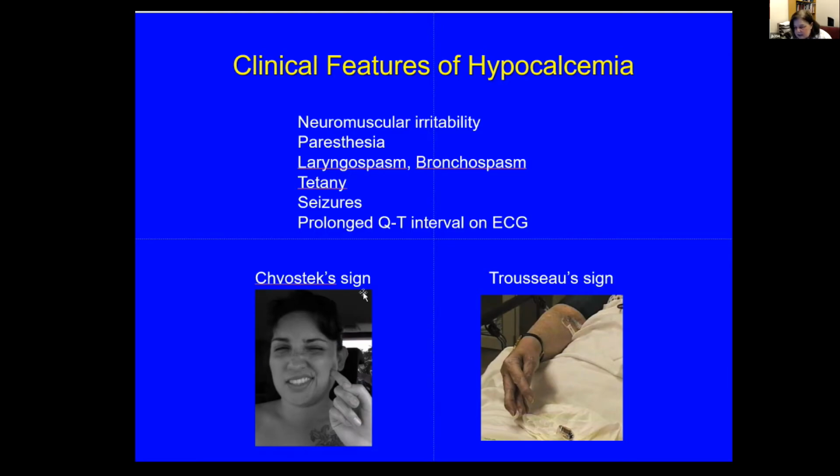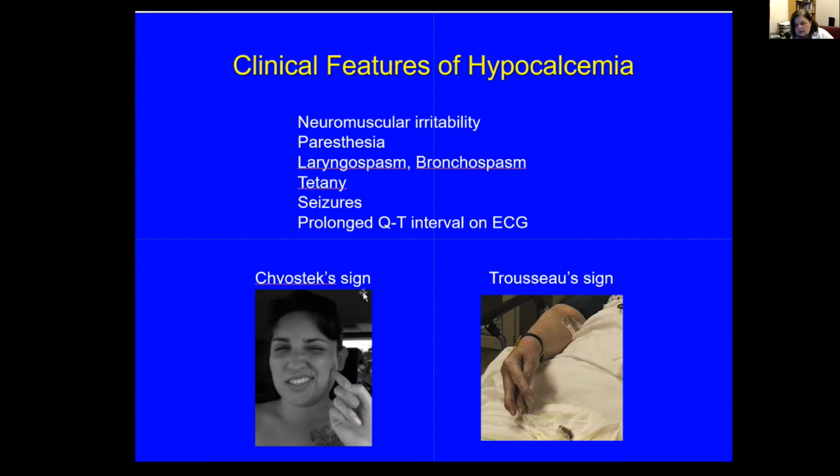And the Trousseau sign is when you pump up the blood pressure cuff and the patient makes this carpopedal spasm. You see probably how abnormal the fingers look like.